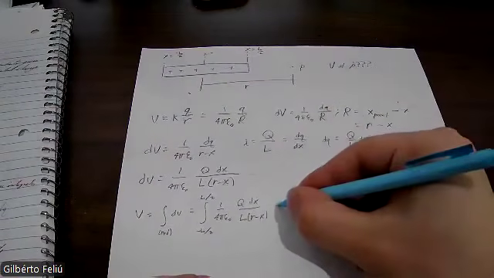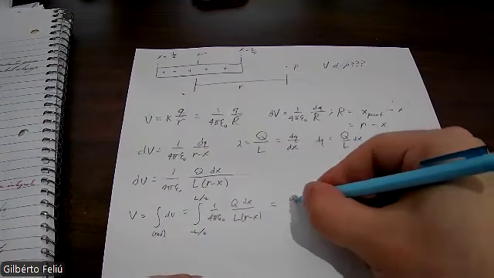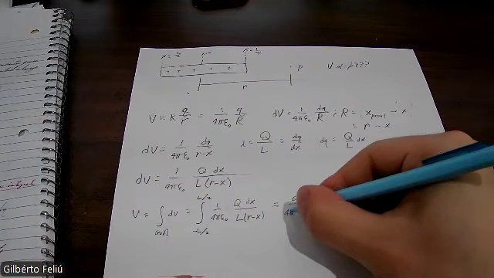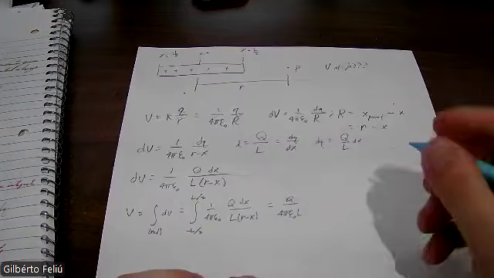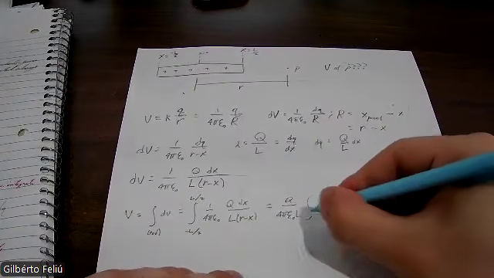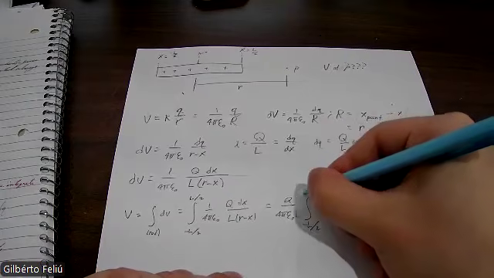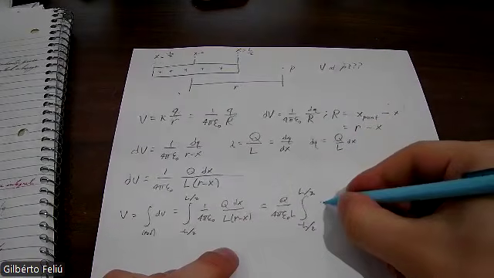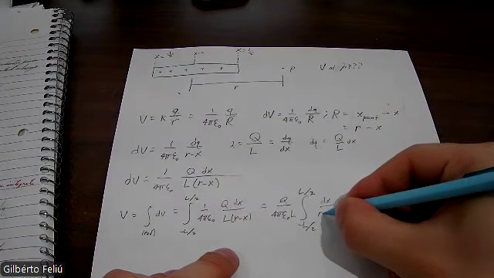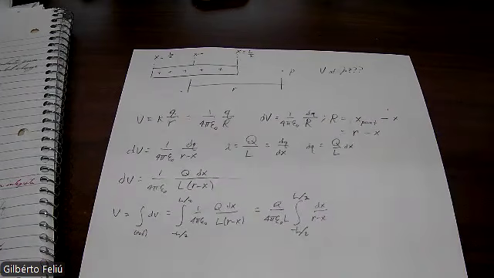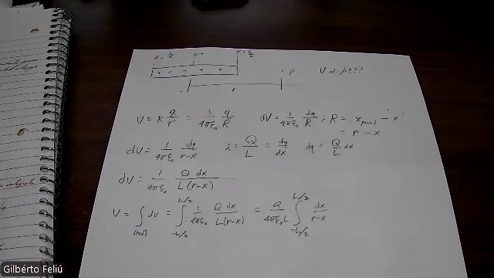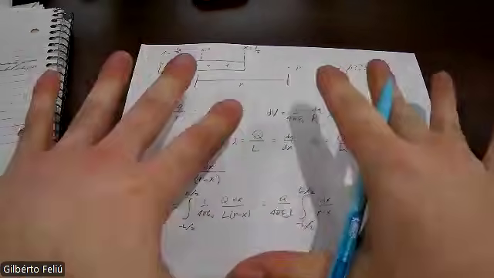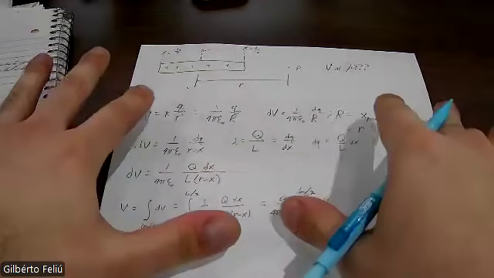So you have q over 4 pi epsilon L, times the integral of dx over r minus x. Let me see if I missed anything. Okay, good. Stop me if there are any questions.